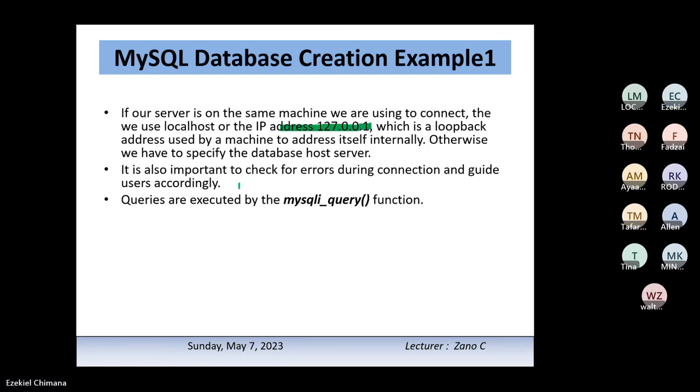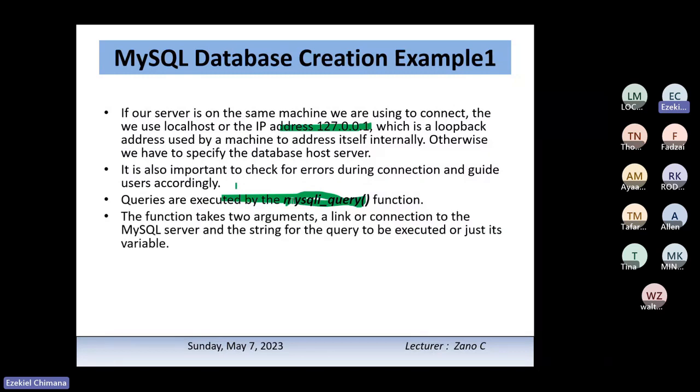So that's it. Queries are executed by MySQL. We will use the MySQL query function there. It takes the MySQL server and the string for the query to be executed, or it's a variable.